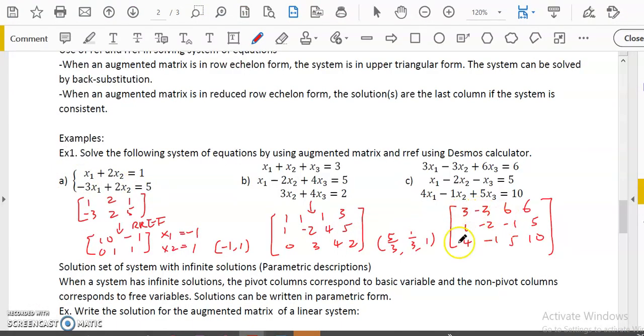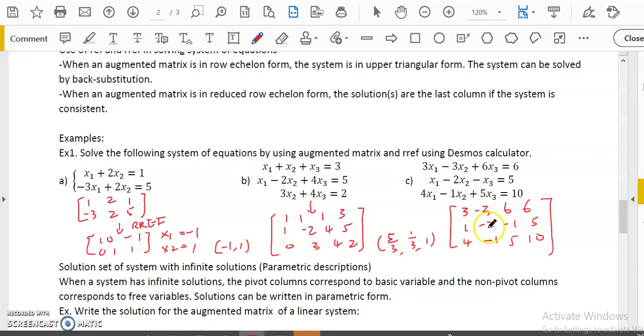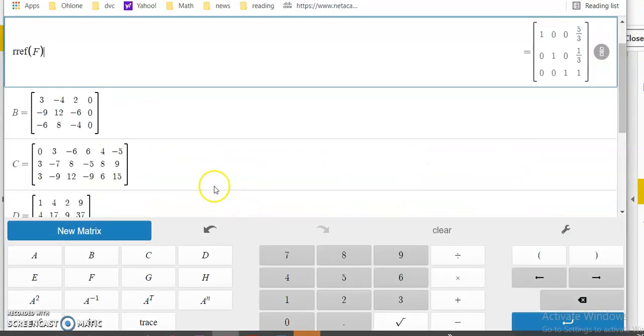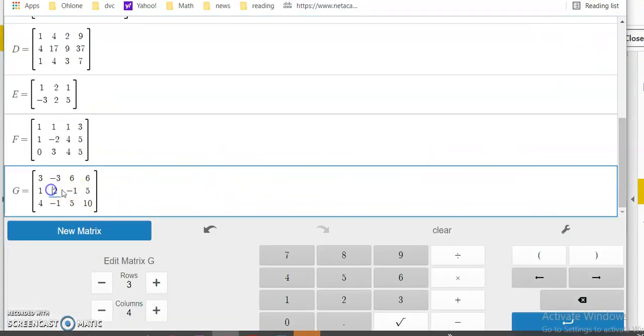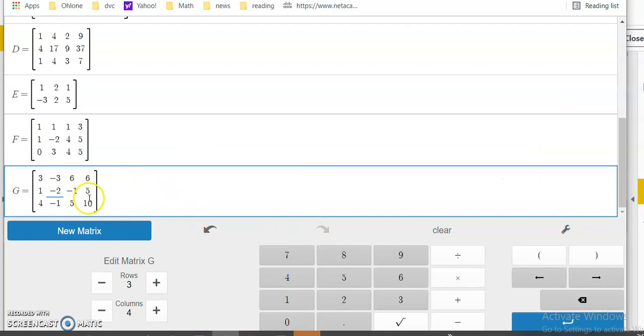3, -3, 6, 6. Then 1, -2, -1, 5. And 4, -1, 5, 10.